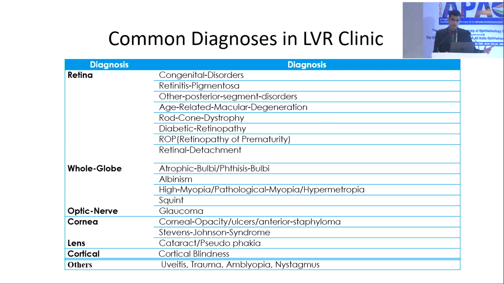So basically it's whole globe and retina, congenital disorders, retinitis pigmentosa, atrophic bulbi, high myopia, pathological myopia and its consequences, squint, congenital glaucomas, and then cortical blindness is also on the rise.